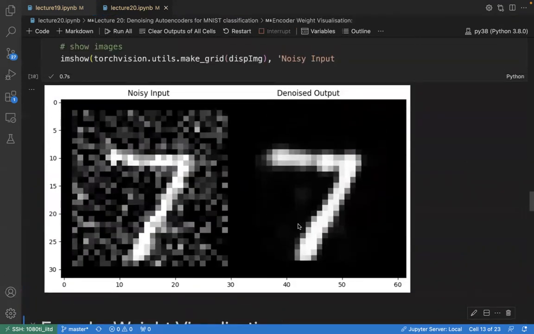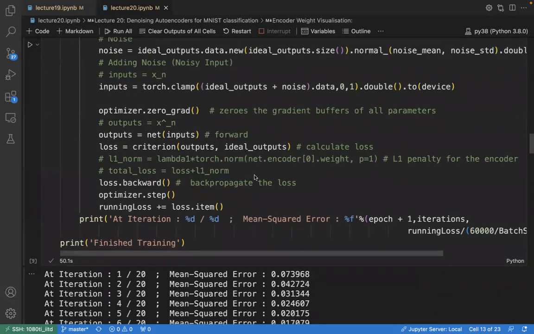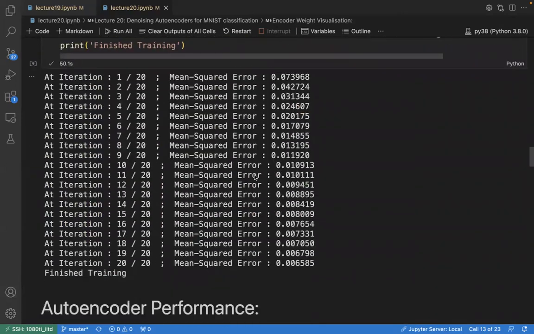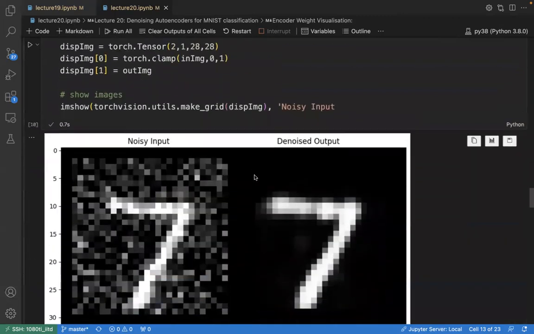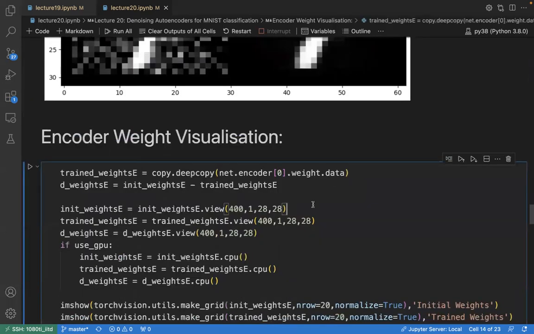Yeah. See, so actually, I guess that sparsity part was not that well implemented. See, now this is the noisy 7, and this is the denoised output 7. You can see that the input is this noisy one, and the output is a clear 7.